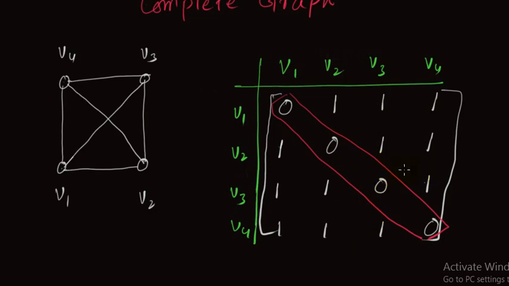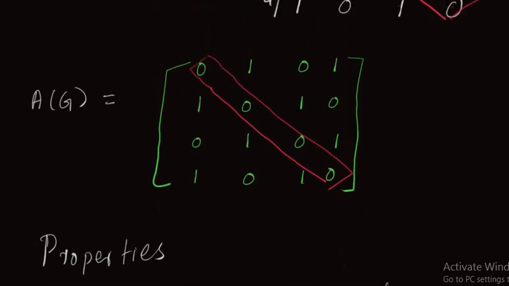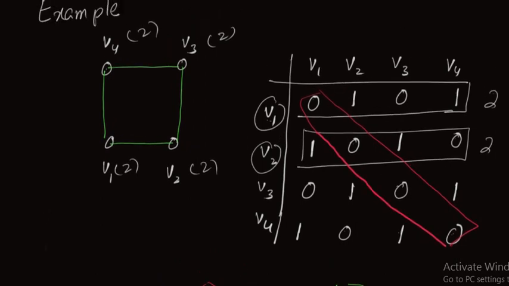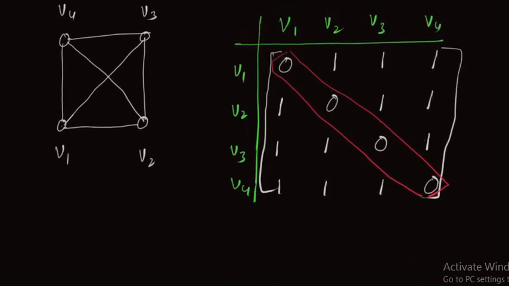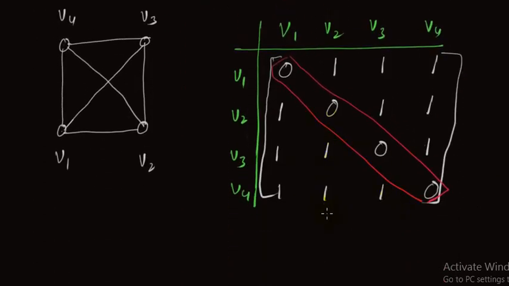So in a complete graph, the adjacency matrix for a complete graph, all non-diagonal entries are 1 and all diagonal entries are 0, as we see in the above graph. As this was not a complete graph, all non-diagonal entries are not 1 here. So for a complete graph, all diagonal entries are 0 and all non-diagonal entries are 1.